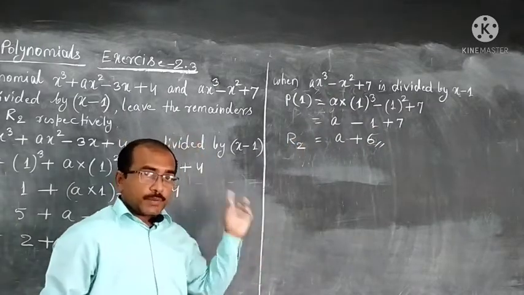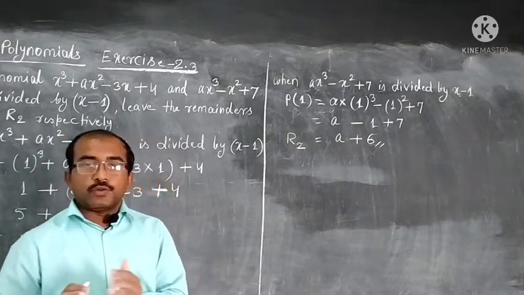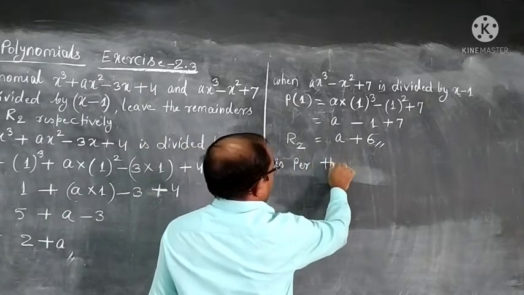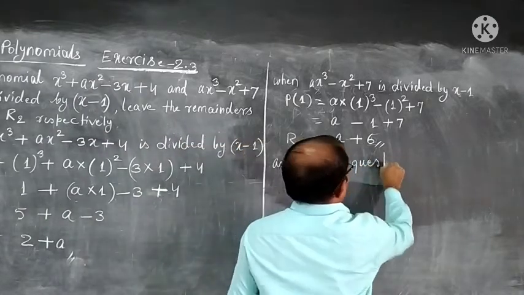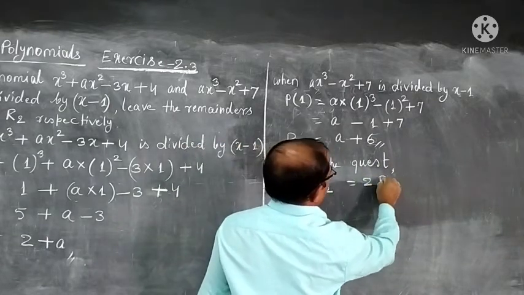Then the condition the question is saying is that r2 is equal to 2r1. As per the question, we write the condition: r2 is equal to 2r1.